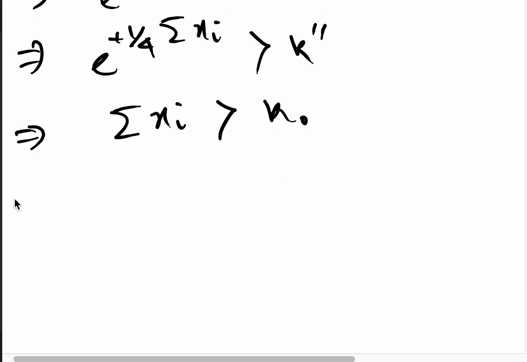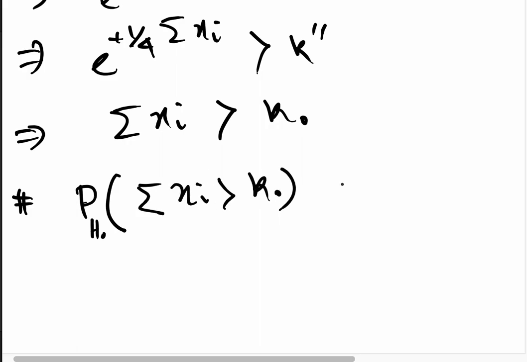Now we know alpha is given, so that means the probability that we will reject this test when H0 is true. Under H0 we will reject when summation xi is greater than some unknown constant, and that probability will be alpha.